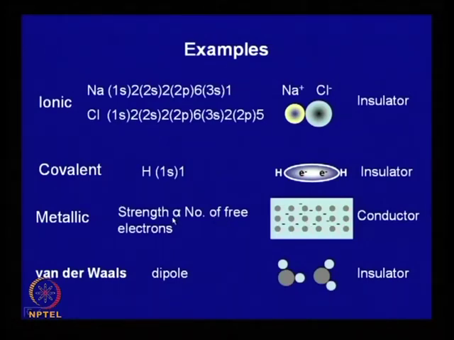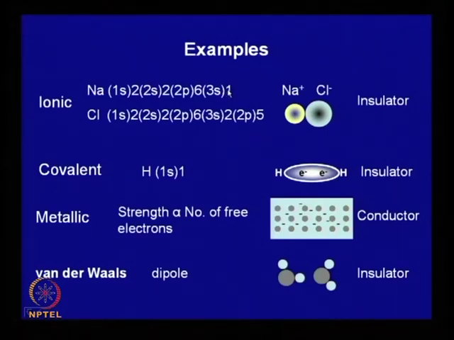Apart from this metallic bond, we have commonly known bonds such as ionic, which forms between, let us take an example, sodium and chlorine. Sodium has 1 electron in the outer cell 3s, whereas chlorine has 7 electrons in the outer orbit, 2 plus 5. So, the chlorine will try to attract an electron from another element, and sodium is one such element which can give this electron from the outer shell easily.